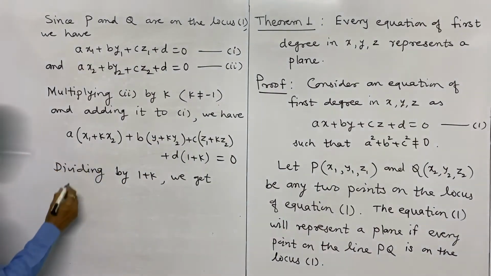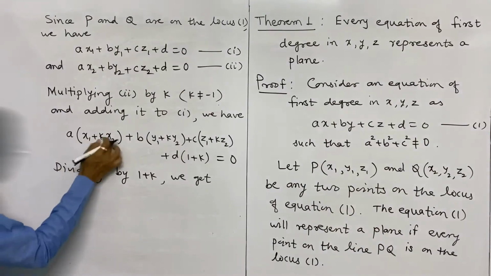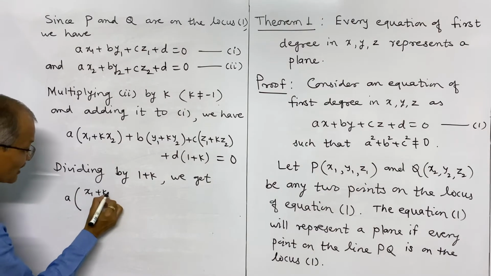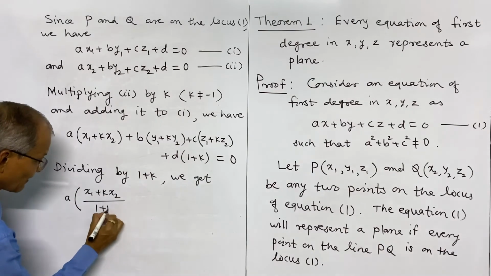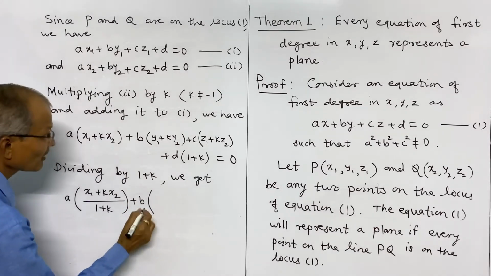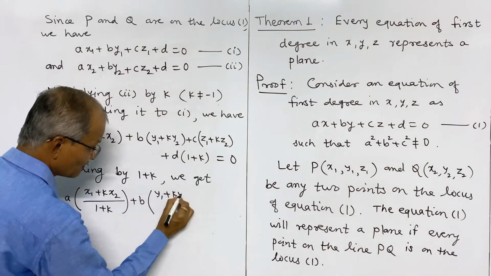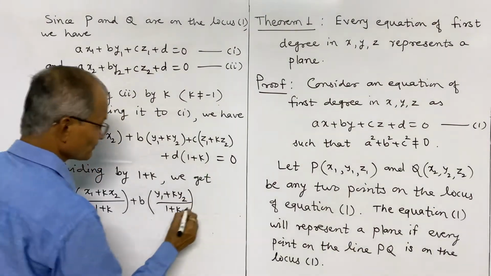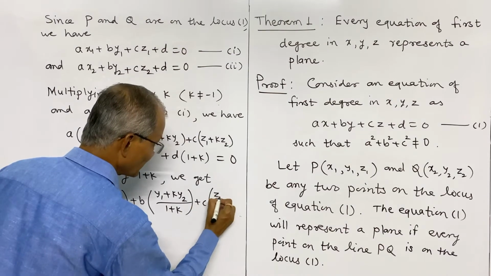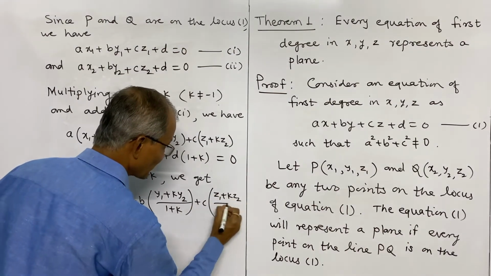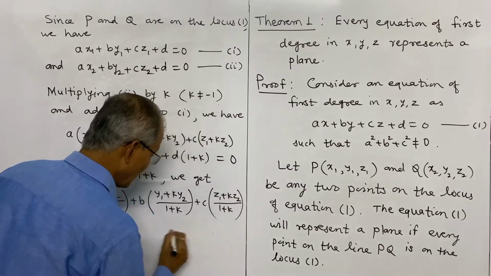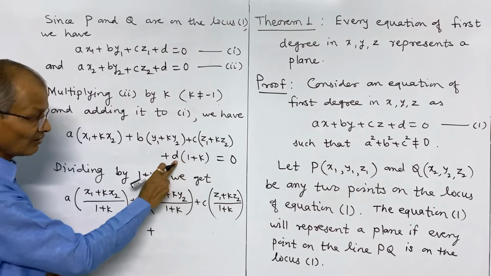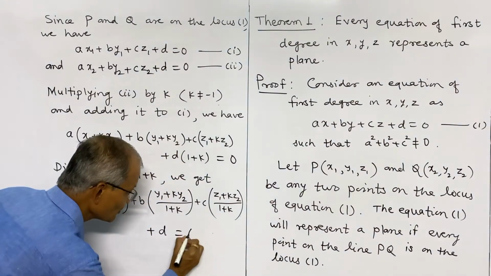So what we shall get is a in bracket x1 plus k x2 divided by 1 plus k, plus b into bracket y1 plus k times y2 divided by 1 plus k, and plus c in bracket z1 plus k times z2 divided by 1 plus k, and plus d into 1 plus k divided by 1 plus k will remain only d, is equal to 0.